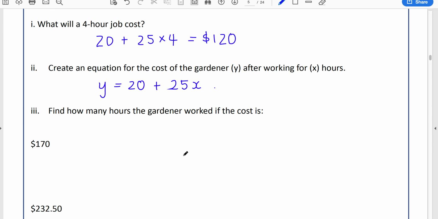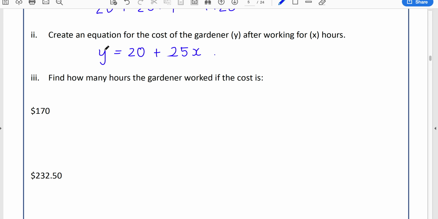Now, this is where our solve is going to come in, because if you have a look here, we've got to find how many hours. So how many hours was X? I'll just make a note, find X. Find how many hours they worked if the cost was, so, this is our cost here. Cost is Y, so we're given a Y value. Let's consider our rule.